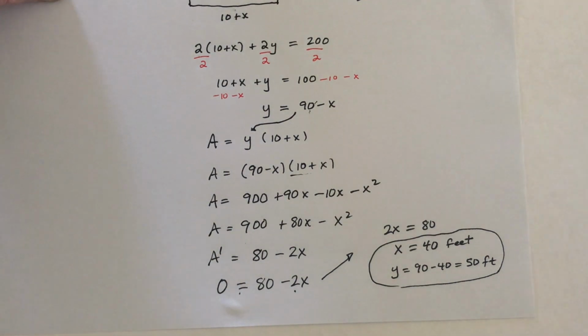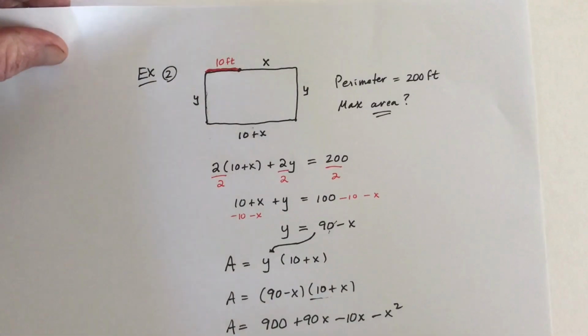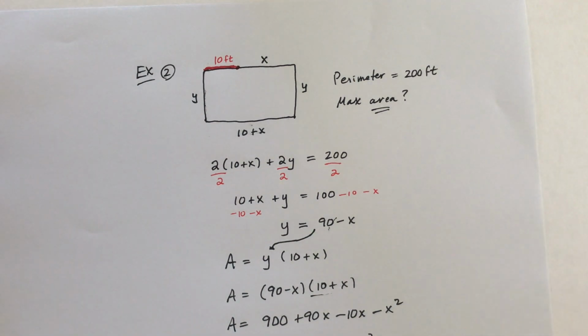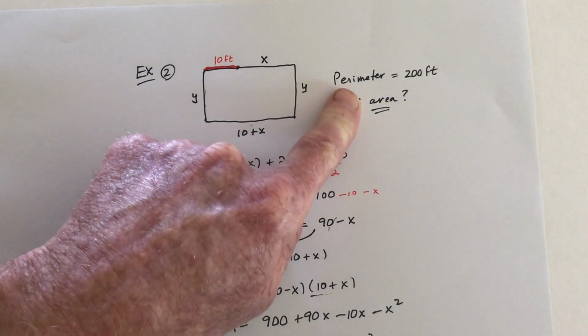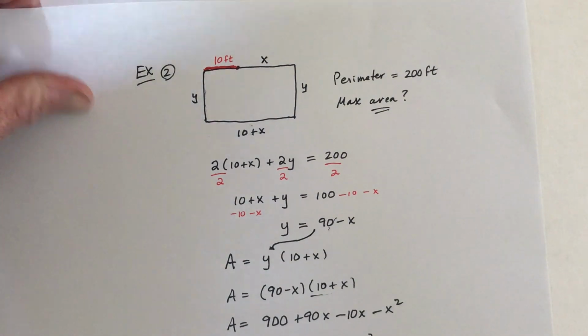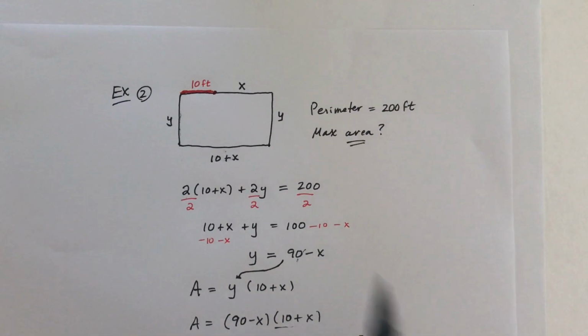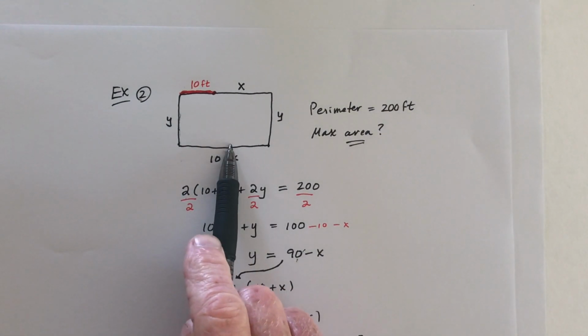Okay, now for the next example, take this same situation, and this time we're going to talk about money. So we'll start with the same picture, the same perimeter, but instead of talking about area, talk about money. Okay, for this next one, we're basically going to start with this situation again.